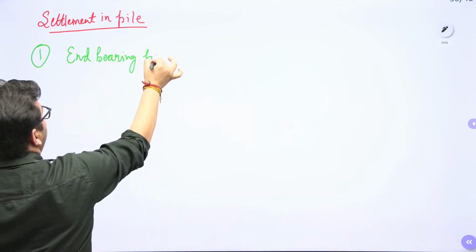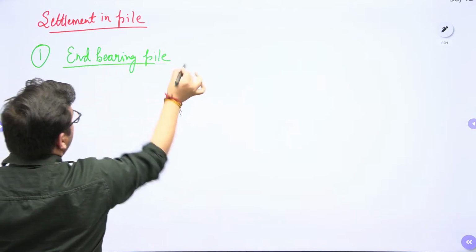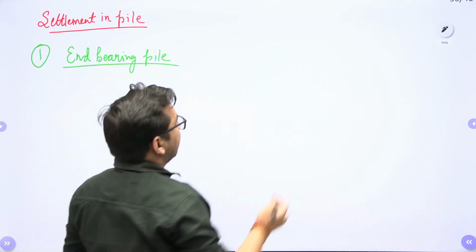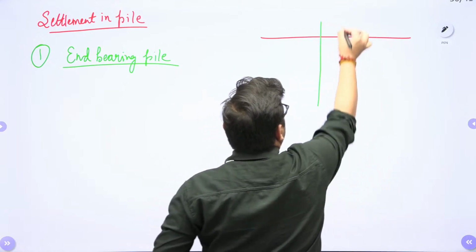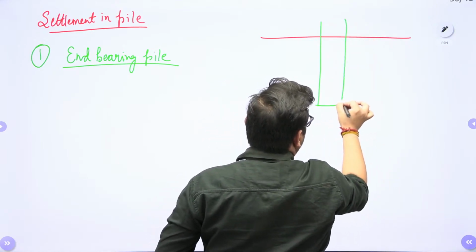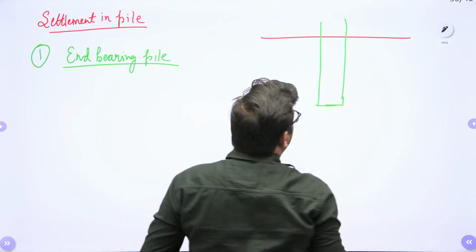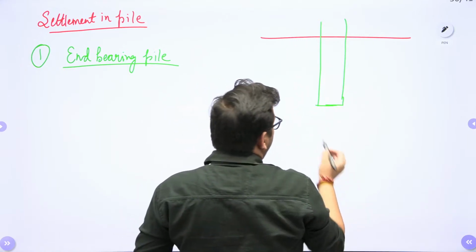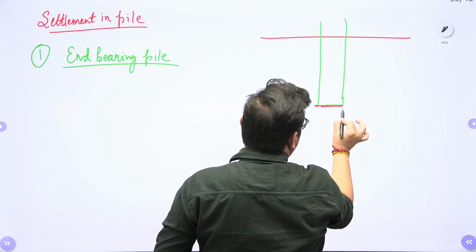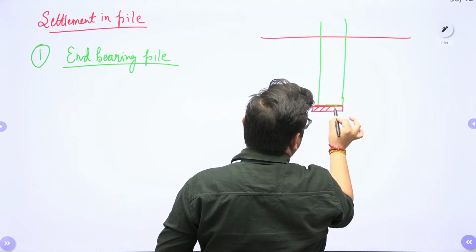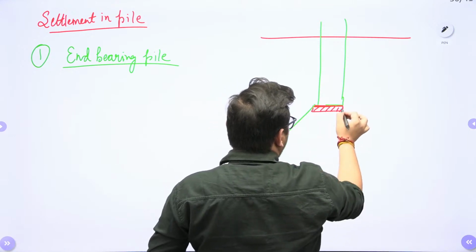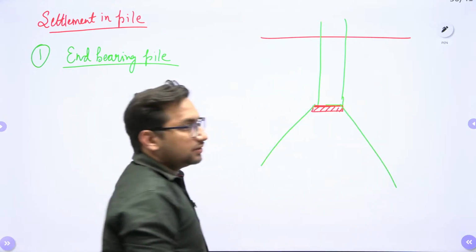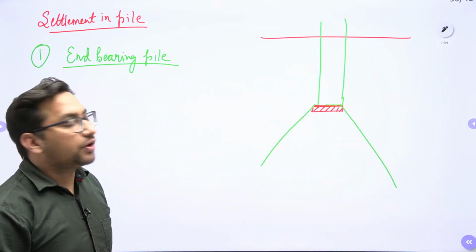When the pile is an end bearing pile, the analysis will be the same as for your shallow foundation. Let's suppose this is the pile, right? So what we do, we assume a raft at this point. It means we will assume that the load will be distributed from this particular point, right?